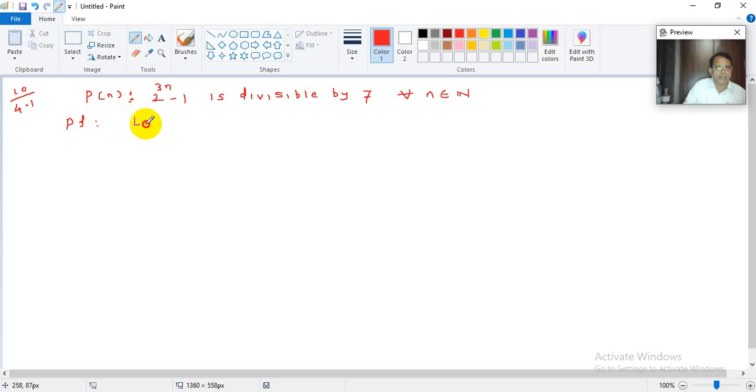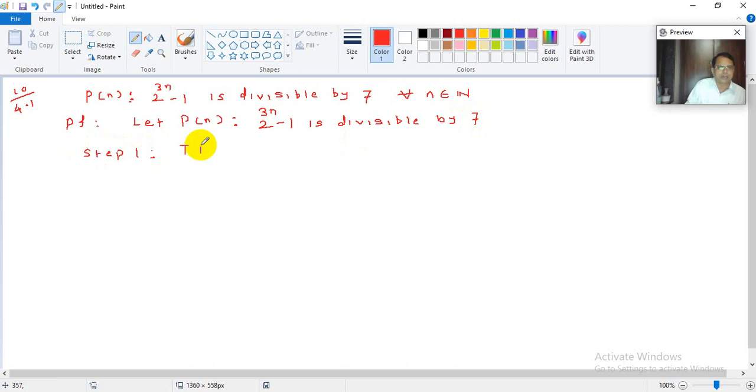Let Pn correspond to this statement: 2 raised to 3n minus 1 is divisible by 7. Okay, step 1 now.